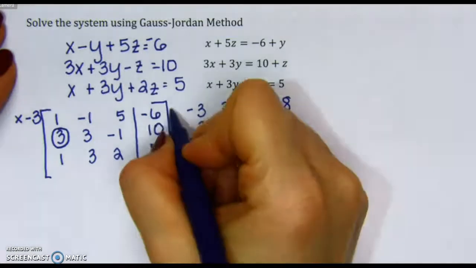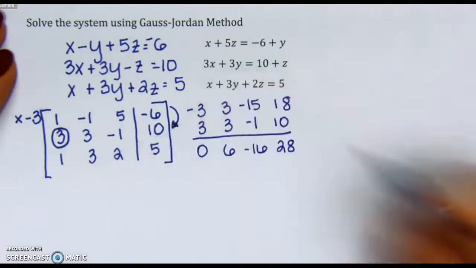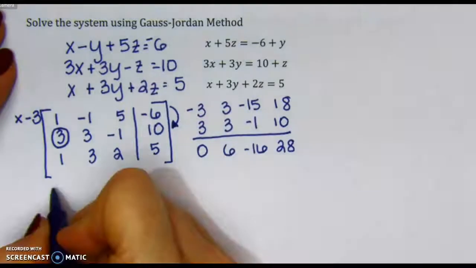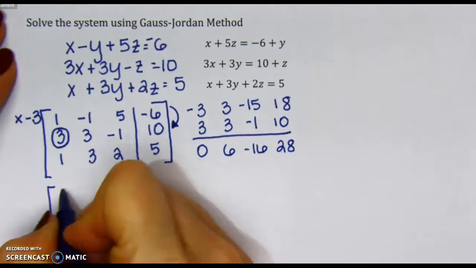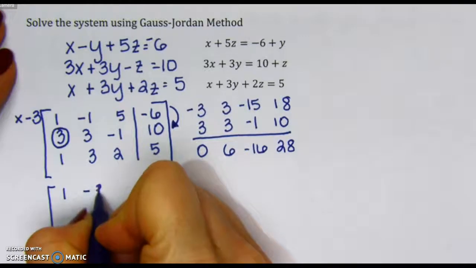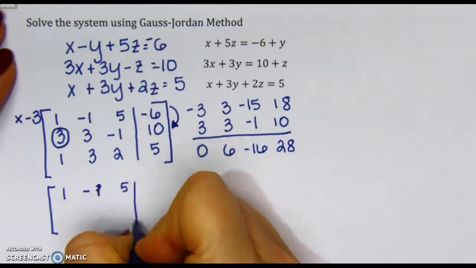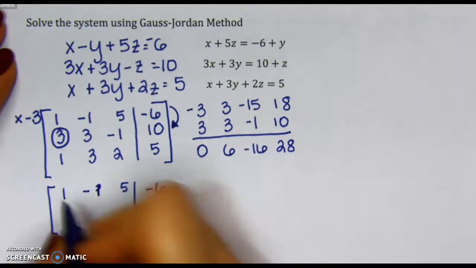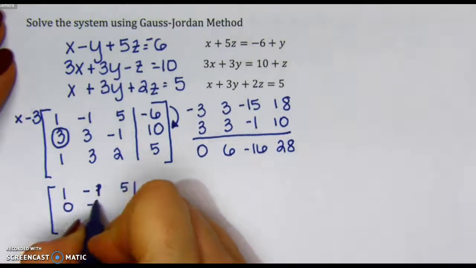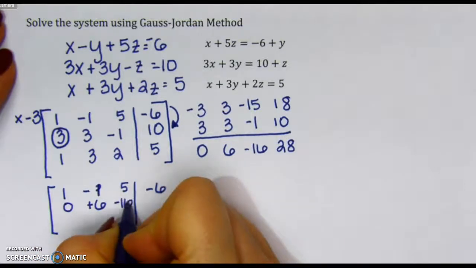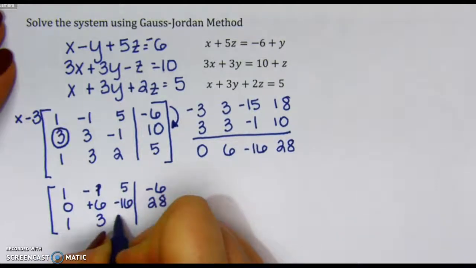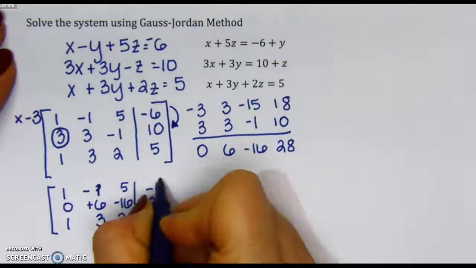And we're adding down, remember, because we want our 0 to be in that 3 location. So everything else will stay the same. Except our middle row is now going to be 0, +6, -16, 28, and our bottom row is still 1, 3, 2, 5.